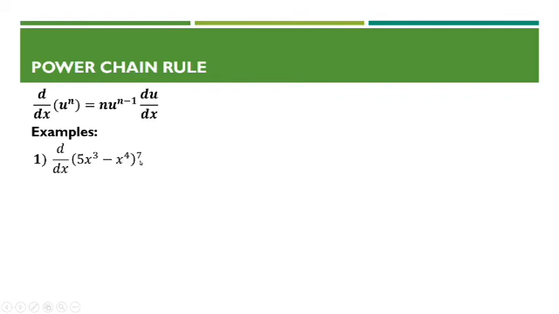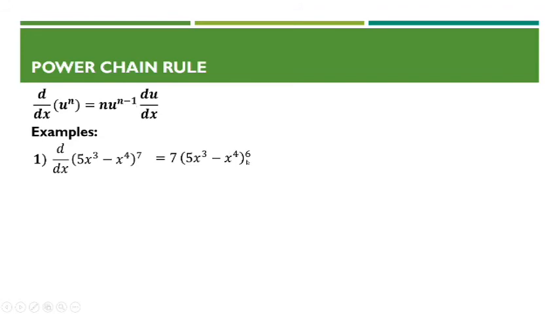Eto mahirap nang i-expand unlike sa square at saka cube. So we need to use the power rule. Following the power chain rule, n is 7, so we have 7 times u, which is 5x cubed minus x to the 4th, raised to 7 minus 1, which becomes 6.